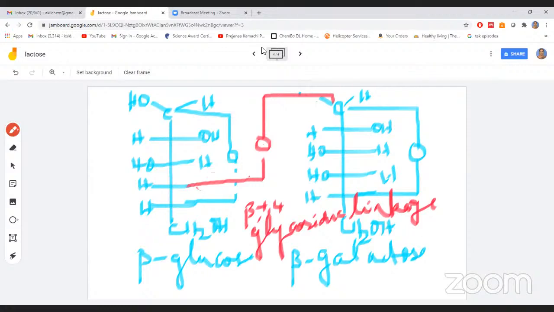So these two sugars are linked via 1,4 linkage as represented here. So this is the lactose structure. We will stop now, and in the next lecture we will see the Haworth formula for all these disaccharides.